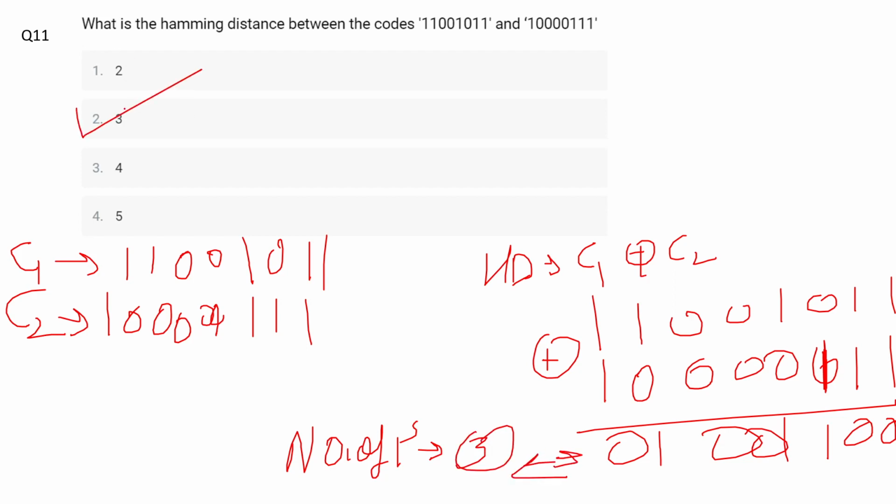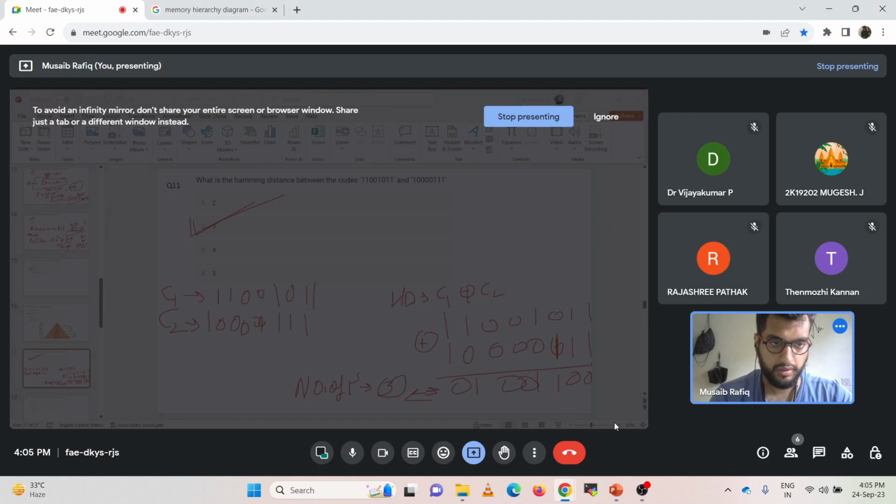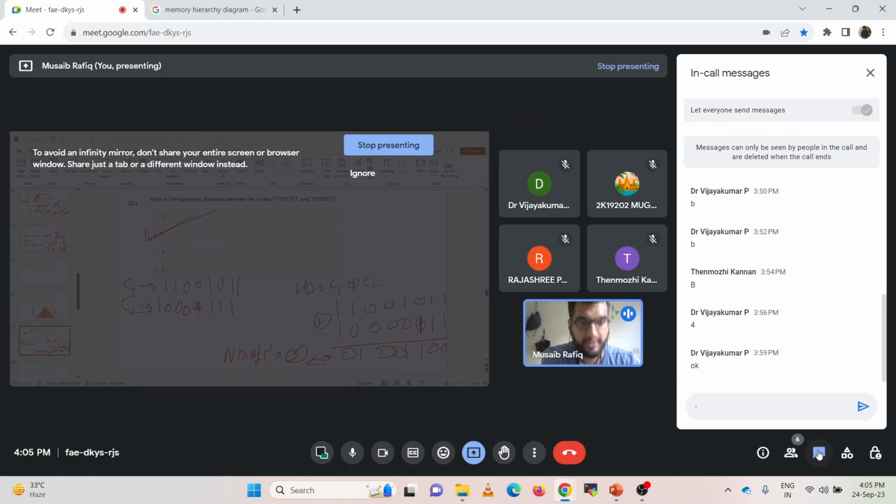So the Hamming distance is 3. Is this clear? Basically, at 3-bit positions, they are having different values. Just simply.